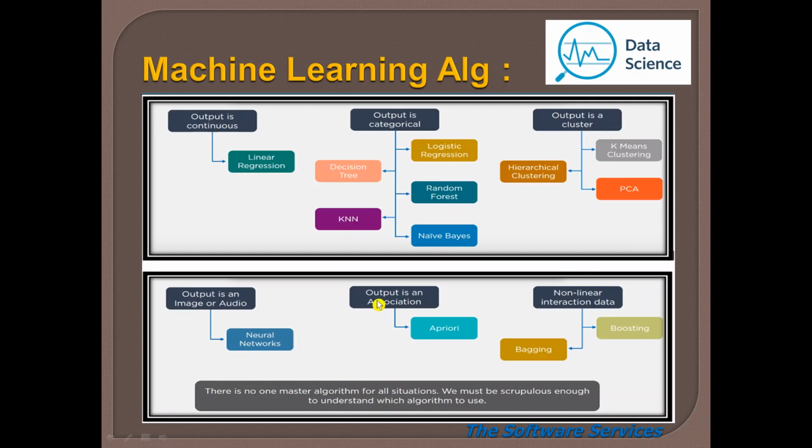Okay, if the output is an association, like in the recommender systems we already discussed in the application section of data science: if you buy one product, the website, Amazon or Flipkart, will come up and say, let us try this, it may be useful to you. It will suggest a relevant product related to the product already purchased by you.